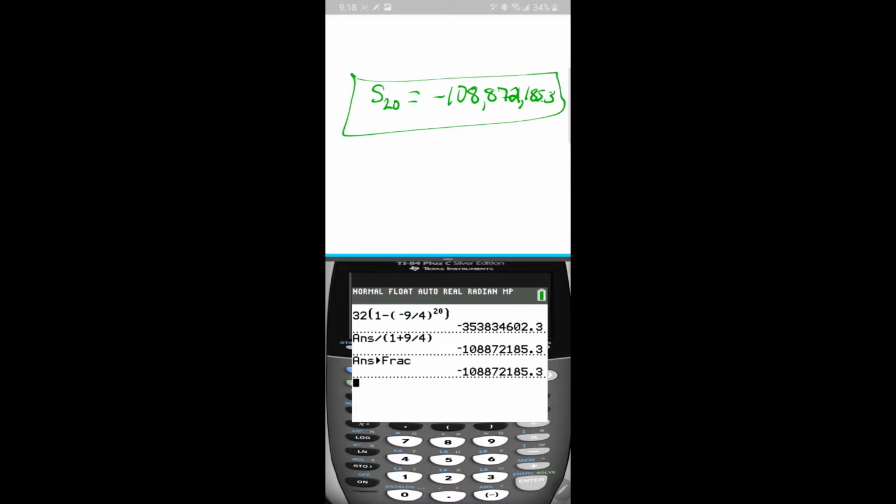All right, now keep in mind, we also could have done this. We could have written this in sigma notation, and over here start with n equals 1 going up to 20, and then you would write the explicit formula of that geometric series, which would be a sub 1, which was 32, times negative 9 over 4 to the n minus 1.